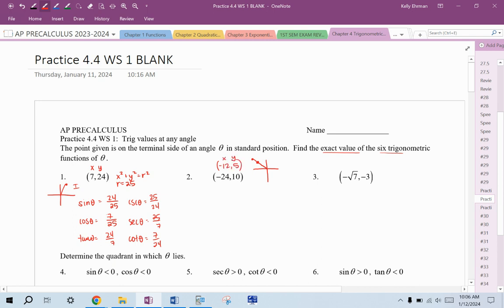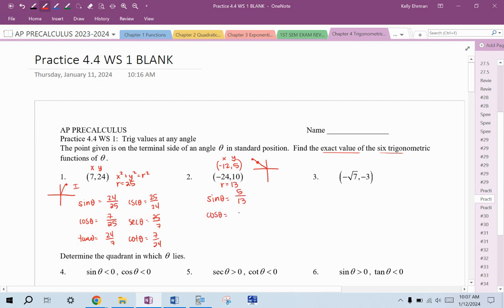And that's helpful also because then I don't have a bunch of math to do. I'm seeing that this is a triple as well. X squared plus y squared equals r squared should give me a 5, 12, 13 triangle. And r is always positive, so you don't have to worry about what's positive and what's negative. All right, so sine of theta is y over r, 5 over 13.